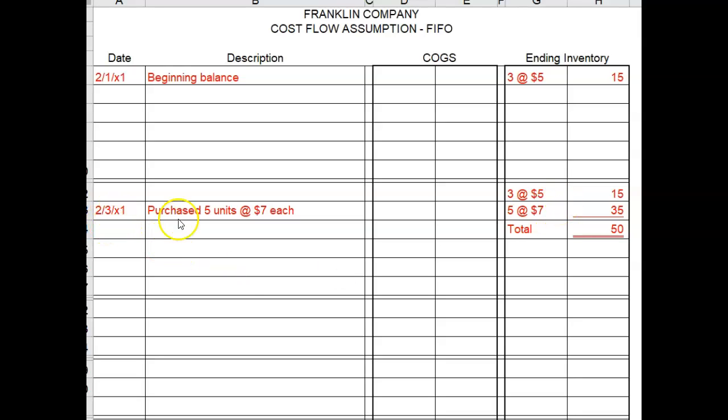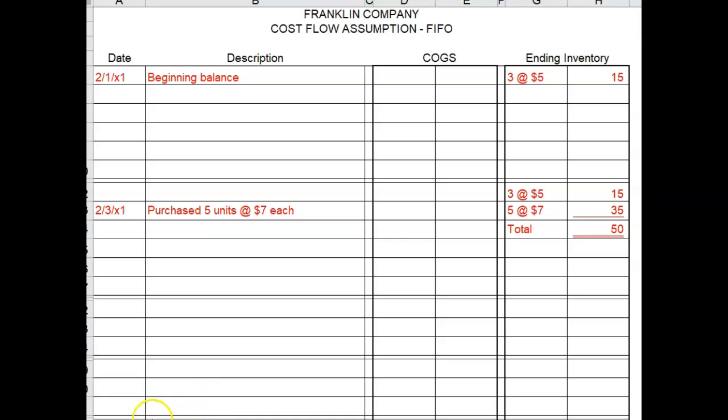Then I put in the date and the quantity and price of the new items that were purchased. 5 at 7 is $35 for a total cost of inventory after this purchase of $50. And I'm organized. The oldest inventory that I owned is listed first, and the newest inventory that I owned is listed next. I'm staying organized.